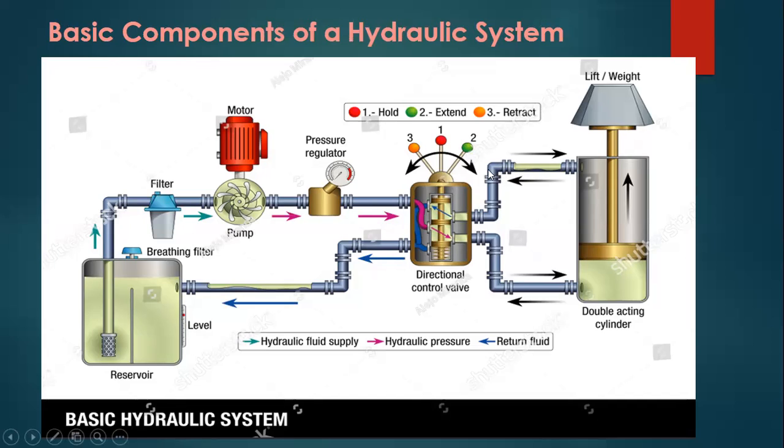From the same pipe, you have the fluid going in and coming out. Because when the directional control valve sends it to the upper pipe, it goes into that cylinder.